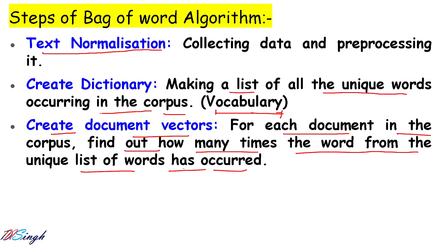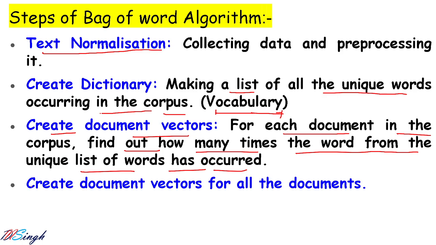Create document vector means in each document, or documents are the statements in the corpus, find out how many times that word from the vocabulary of unique words has occurred in that particular document. That is called creating a document vector. And then that document vector will be created for all the documents. So that in itself is not a step, but it has to be done. Means the creating document vector step will be repeated for all the documents.